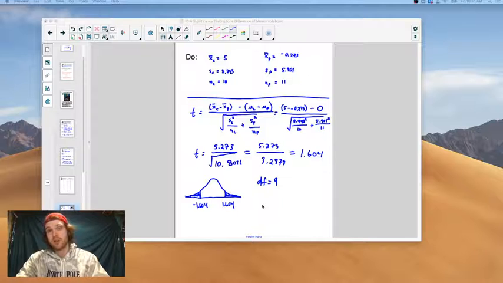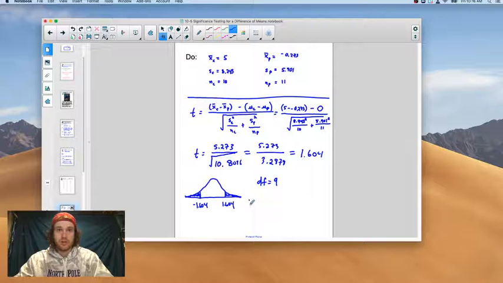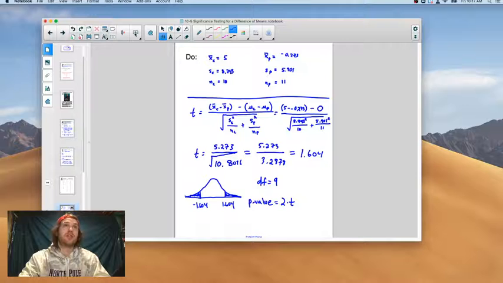But how do we do that on our calculator? We would use TCDF. So I'm going to do that right now. We're going to do TCDF, and we're going to go from 1.604 up to 1,000, and then we're going to take the area under that, and we're going to times it by 2, because that's how we find our p-value. So I'll just do that right now. Our p-value equals 2 times tCDF, let me make this larger.